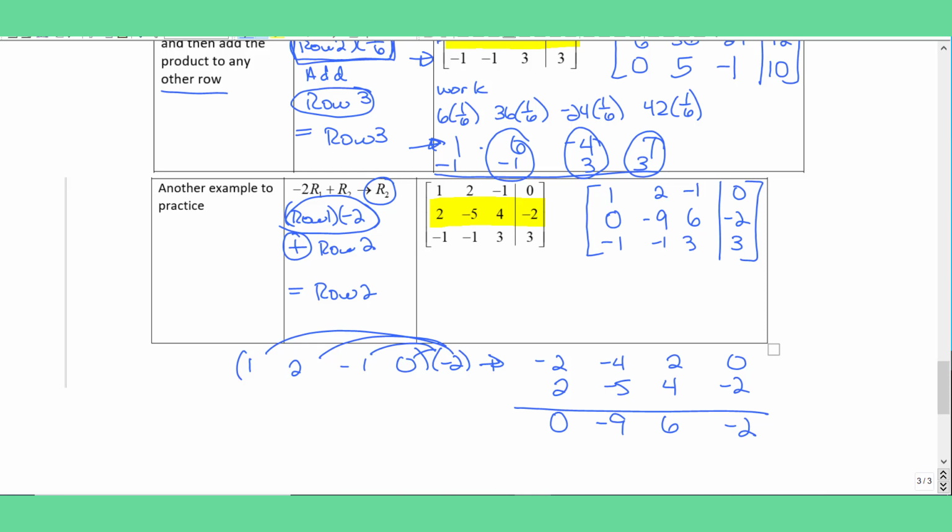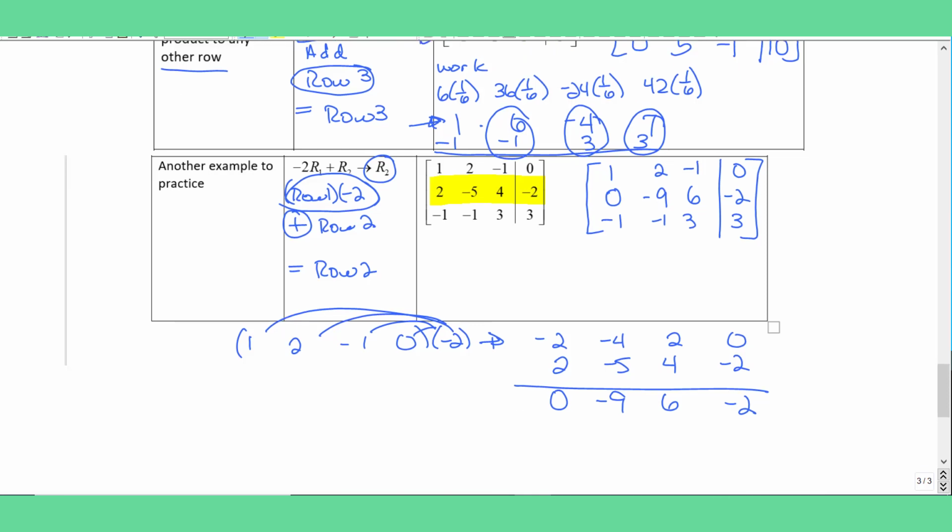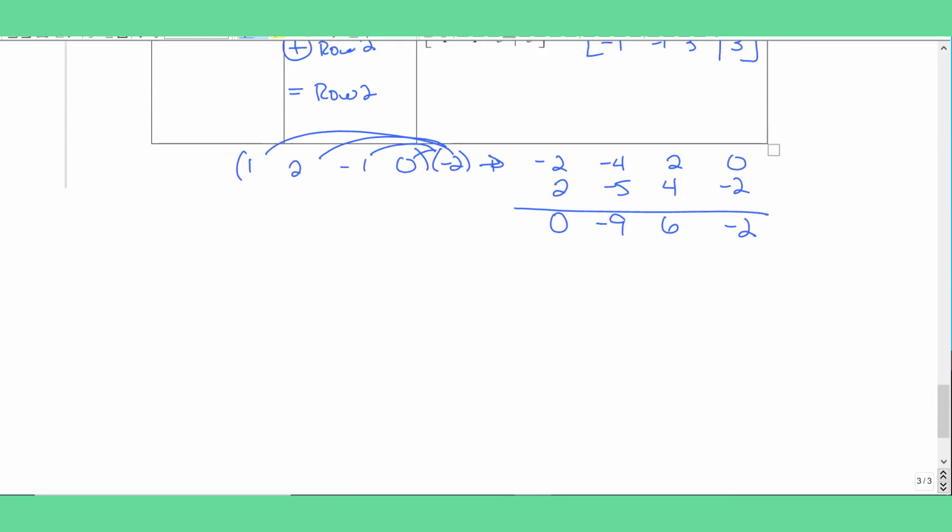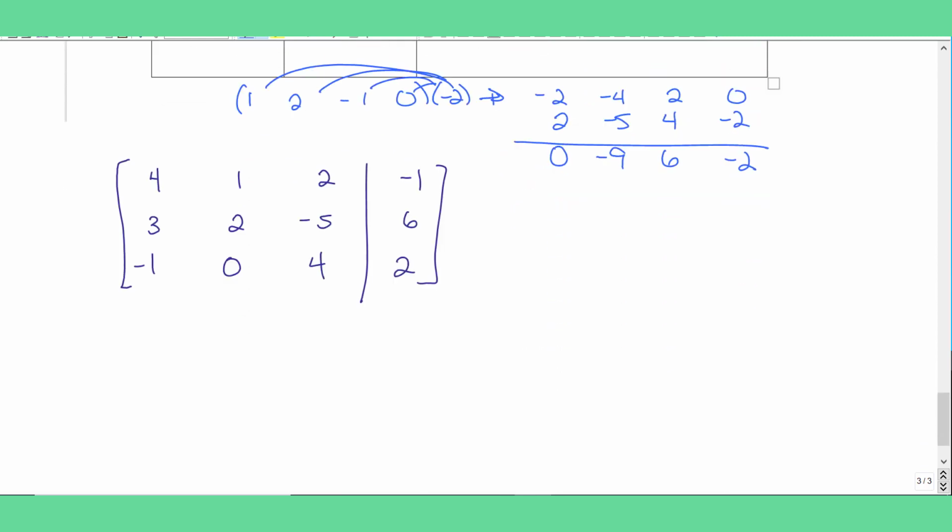Do you need another one to practice? Let's just see if I can make one up. Okay, so let's say you have that matrix. And on the test, I ask you to do this. I say 3 times row 3, plus row 2, put it back in row 2.